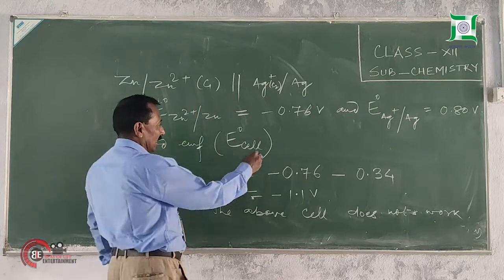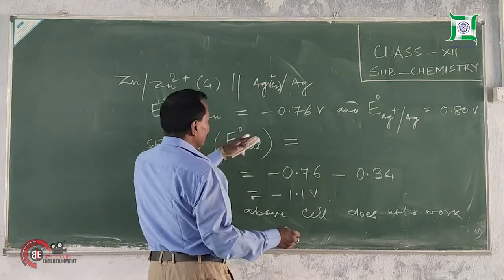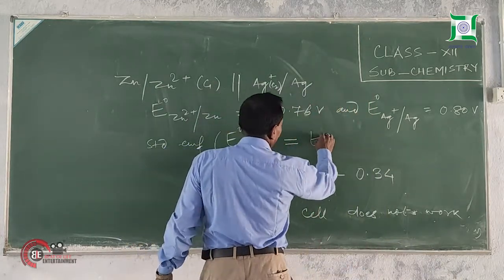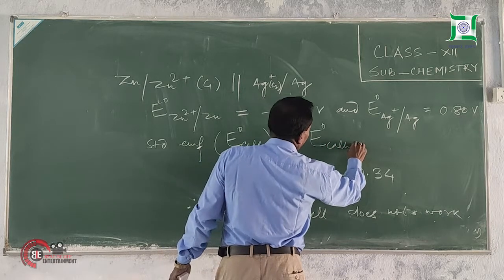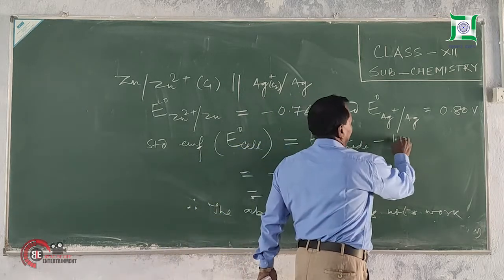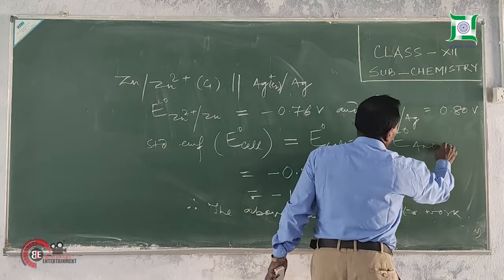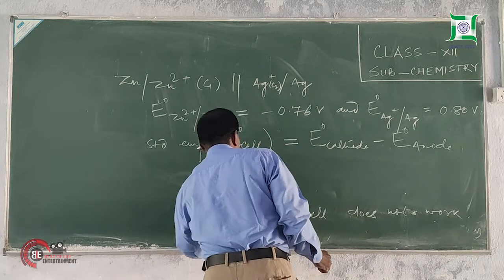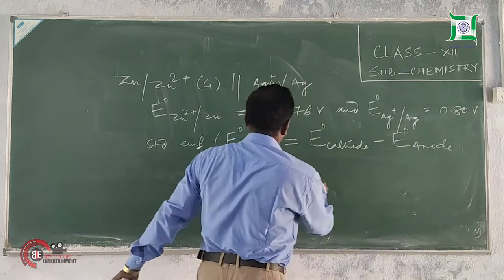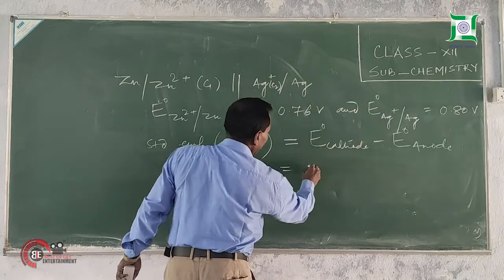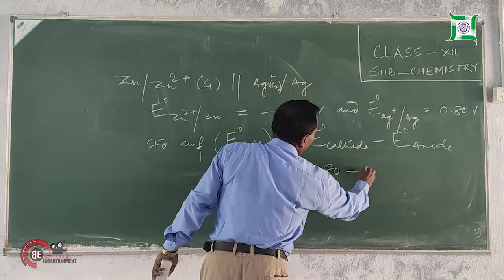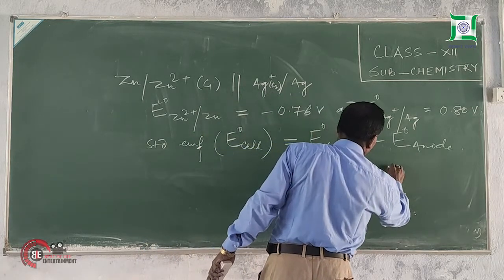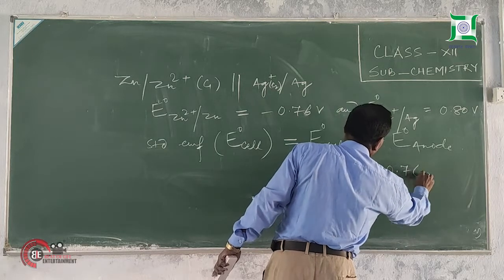So a standard cell potential is written as E cathode minus E anode. Here on putting the value we can write E cathode is 0.80 minus E anode is minus 0.76.